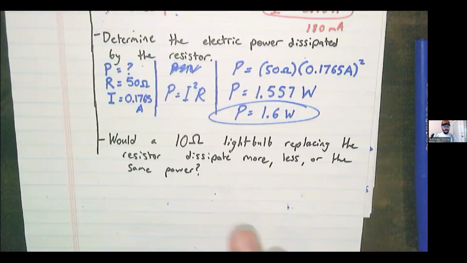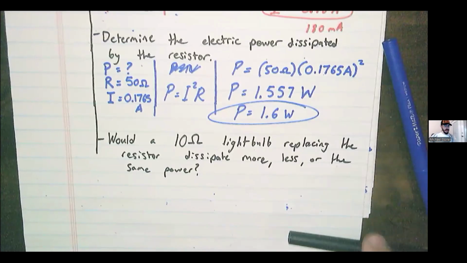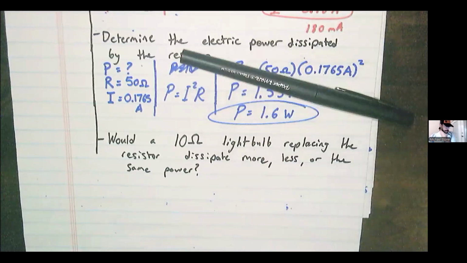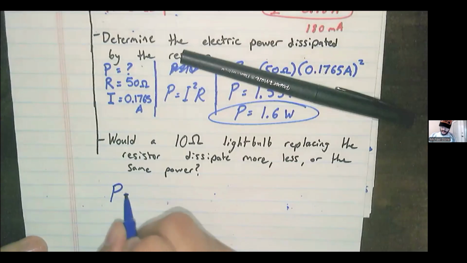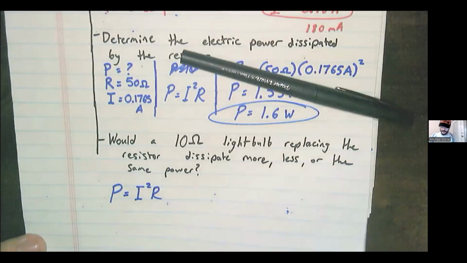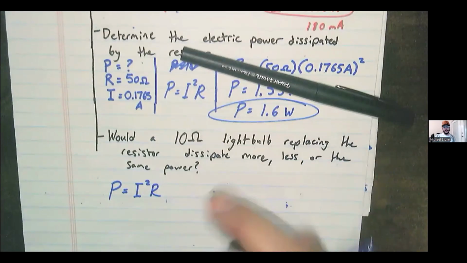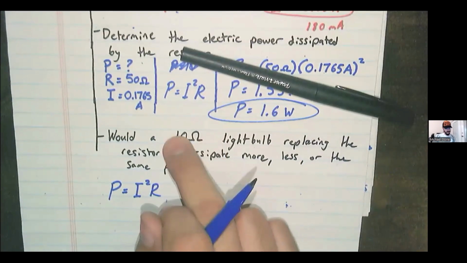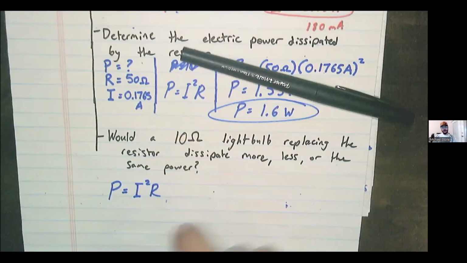Would a 10 ohm light bulb replacing that resistor dissipate more, less, or the same amount of power? Well, what went into power? Power is current squared times resistance. And if we drop this resistor and replace it with something of a lower value, literally 1/5 the value, what does that do to the entire current?